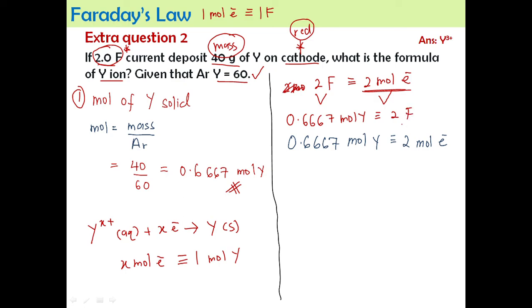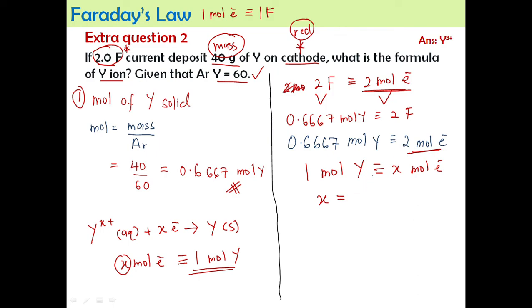So, 2 Faraday adalah 2 mole. Okay? Jadi, sekarang kita nak kira kalau 1 mole of Y akan melibatkan X mole of electron. Ni. So, darab silang juga sampai awak dapat nilai X.